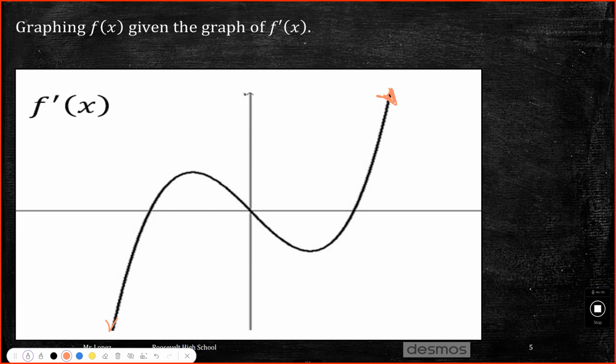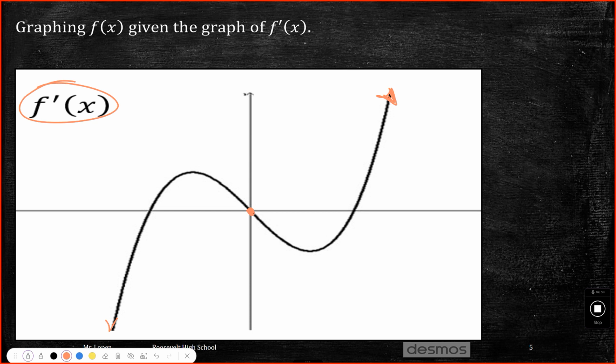But in any case, how can we graph this? Graphing f given the graph of f prime of x. What is this? The rate of change is what here, because this is f prime of x, no? The rate of change is 0.